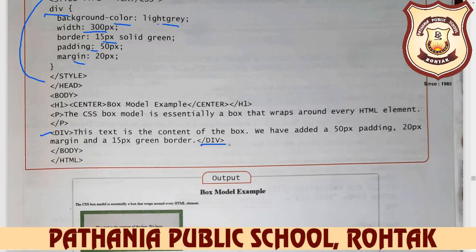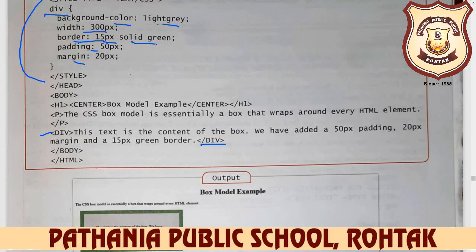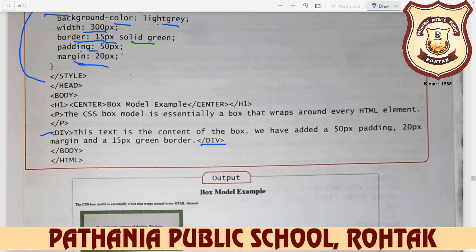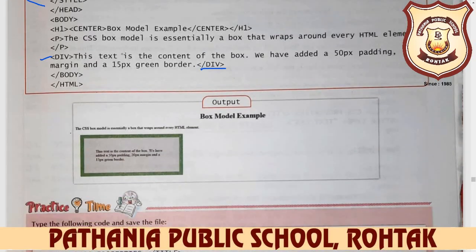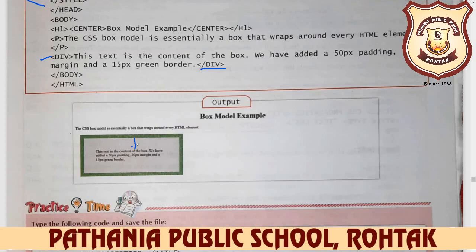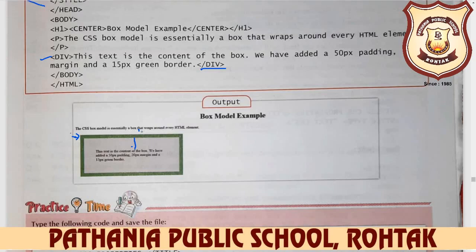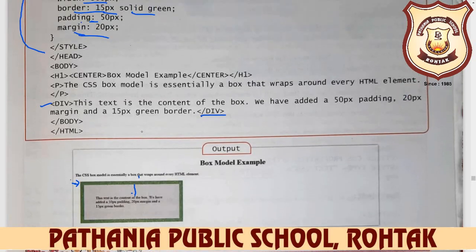And we use a border of 15 pixels, solid green, and margin is 20 pixels and padding is 50 pixels. So you see here is your box, this is your content, and the gap between the content and the border is your padding, and the gap between this and this on all four sides is your margins.